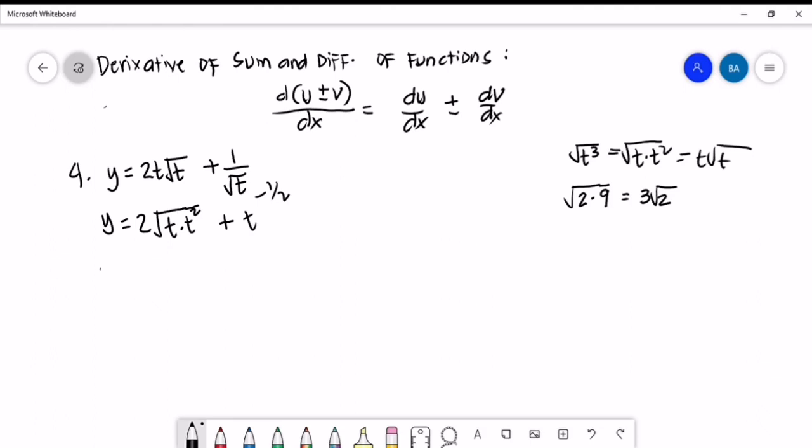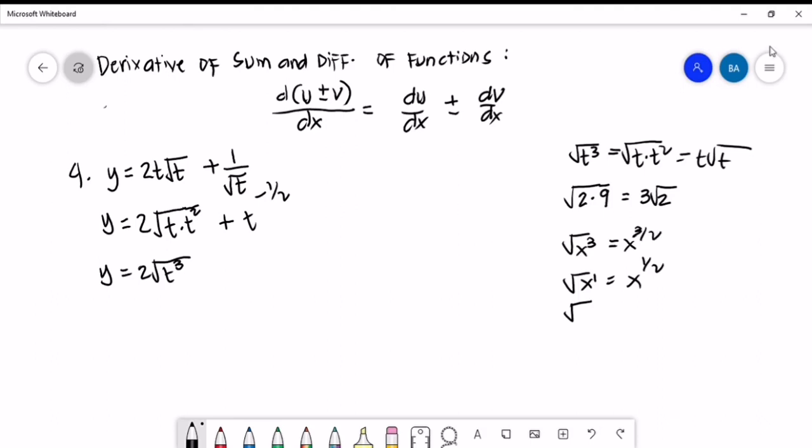So again, this is 2 times the square root of t raised to 3. We know that the square root of x is x raised to 1 half, so the square root of x raised to 3 equals x raised to 3 over 2.